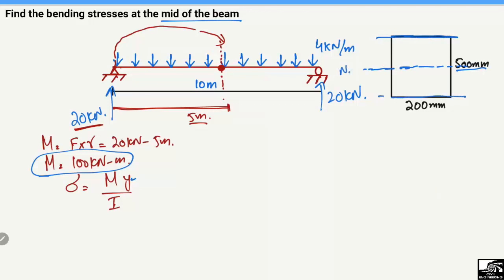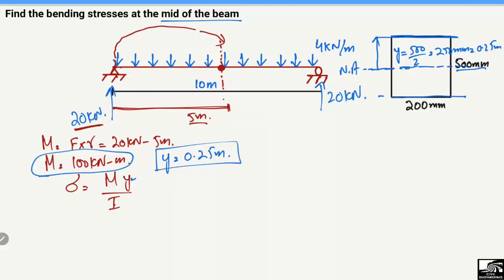So this is the neutral axis, and y is the distance. Let's suppose we want to find the stresses at the top section of the beam, so this is our y. So y will be equal to 500 divided by 2, so it will be 250 millimeter, or we can say 0.25 meter. So our y is also known to us, it is 0.25 meter.